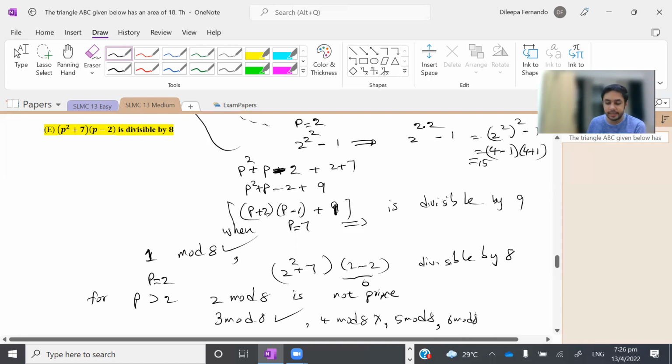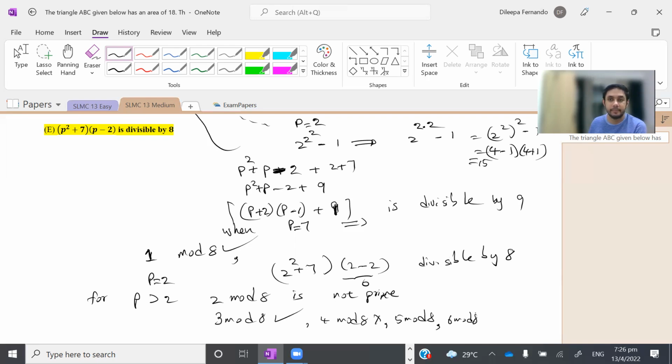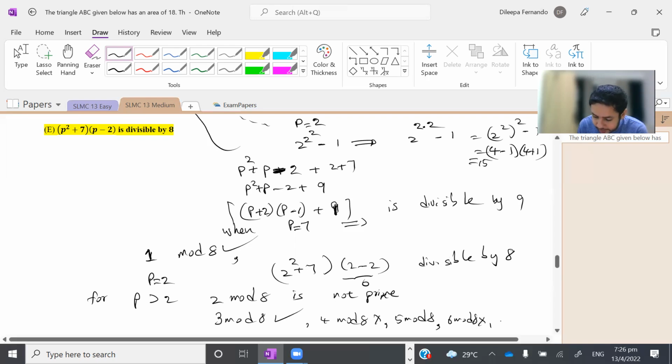So any 8k plus 6 is not a prime. And you have 7 mod 8.